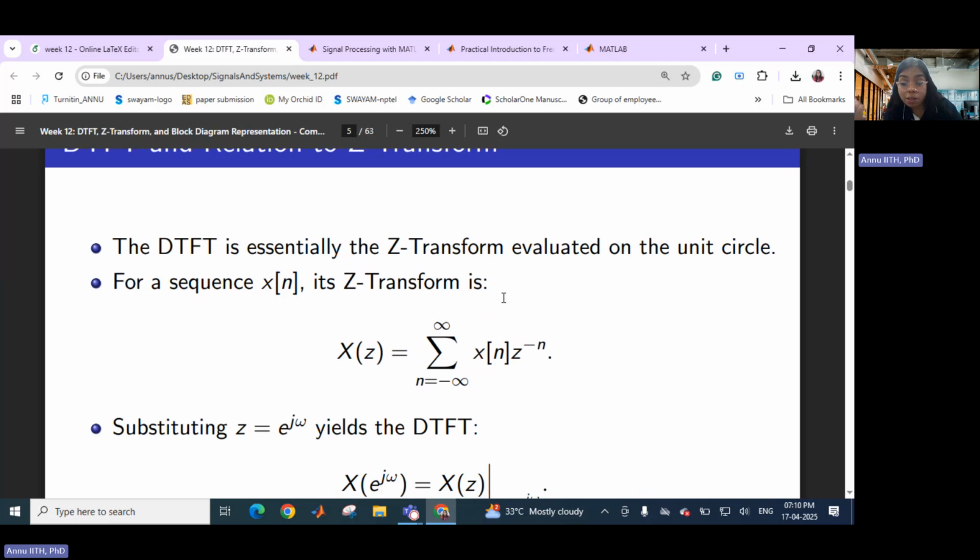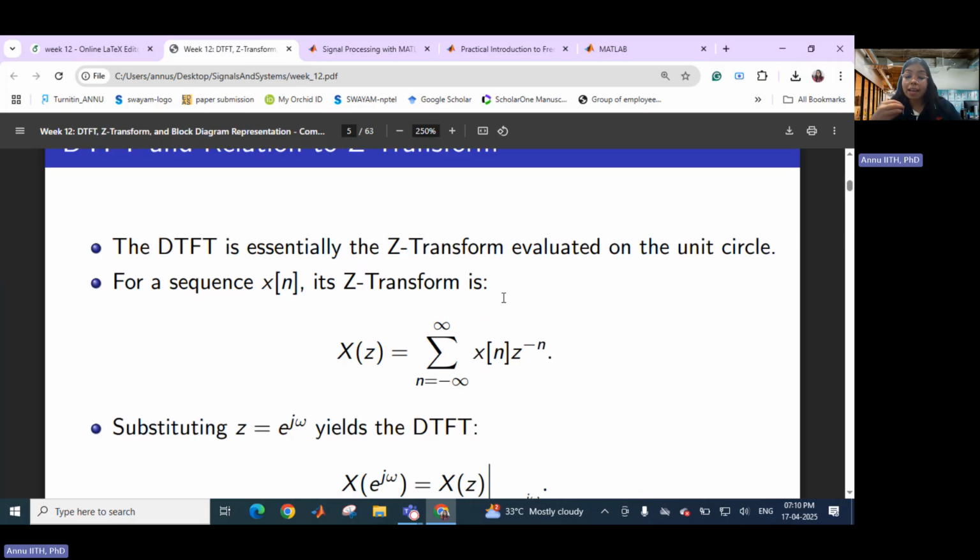The Z transform is also for time domain signals. But in the DTFT, we have some limitation for stability analysis. So when we evaluate on the unit circle, we do more stability analysis and we have a region of convergence. That comes in the Z transform.